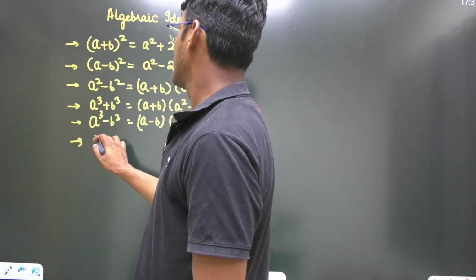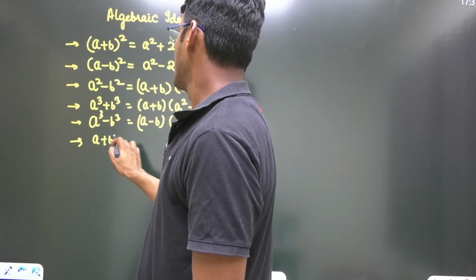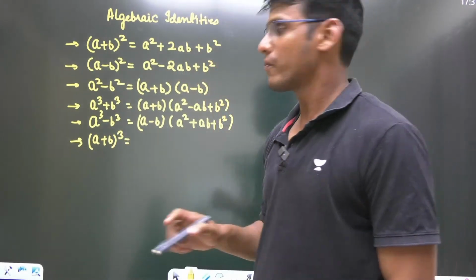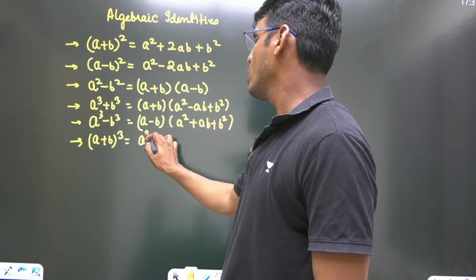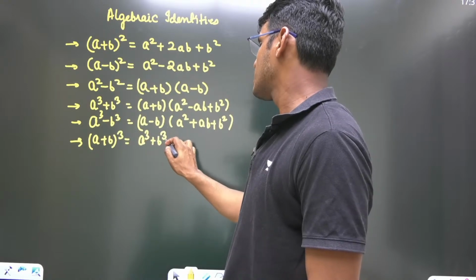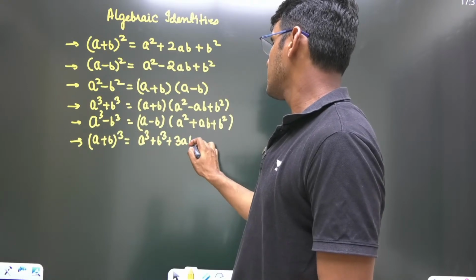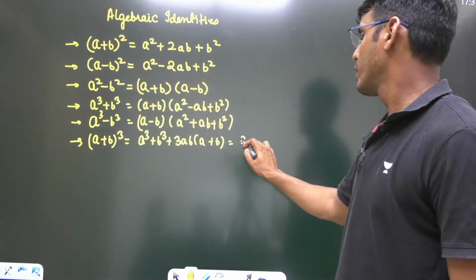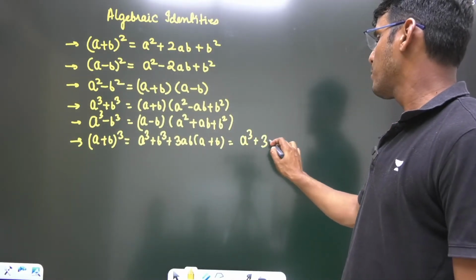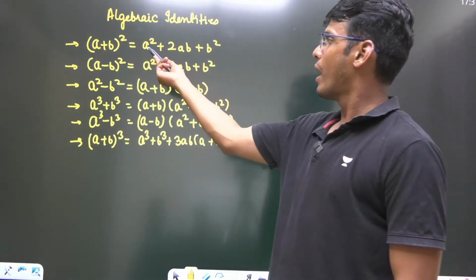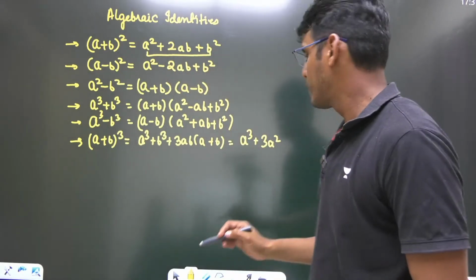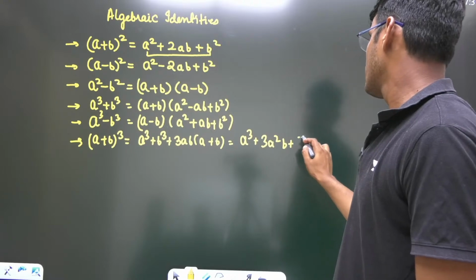Then we have a plus b whole cube. I want you to remember both types of it. Many of you must have seen this as the expression, but I want you to remember this as well: a cube in decreasing powers of a. I always write these expressions in decreasing power of a and increasing power of b. It helps me a lot.